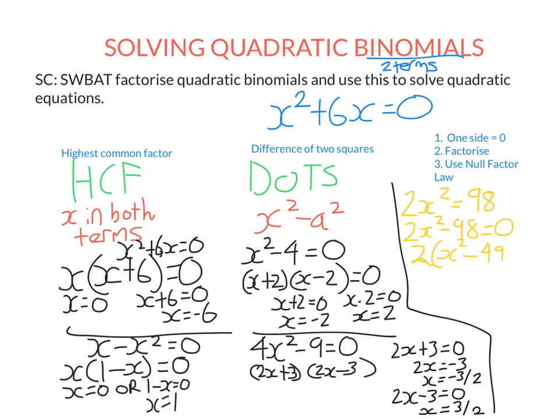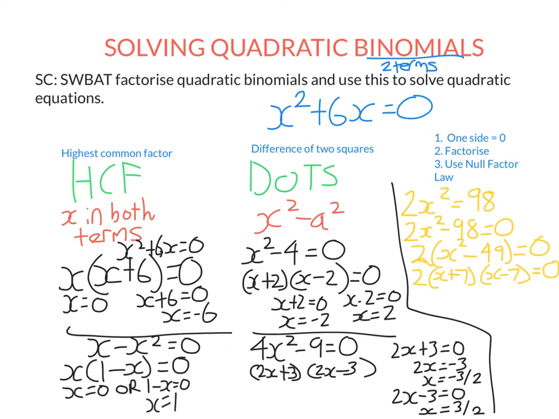It's negative 49. So now we have something in the brackets that is difference of two squares. x squared is a perfect square, 49 is a perfect square. So I'm going to leave the 2 alone and just factorize what's in the bracket. Difference of two squares: square root the first, square root the second, one gets a plus, one gets a minus.